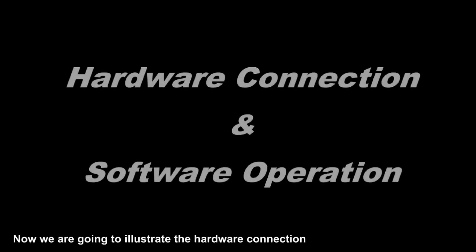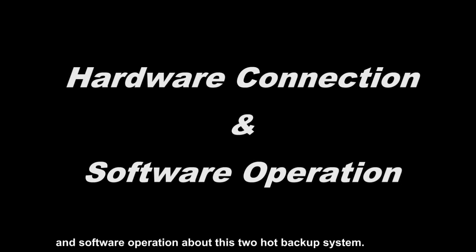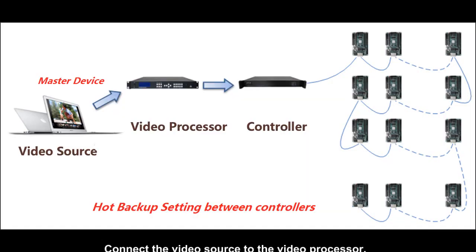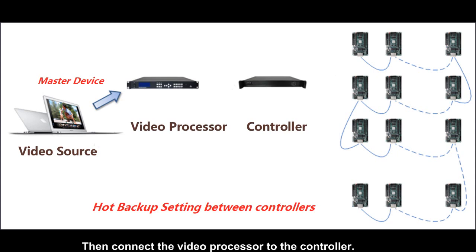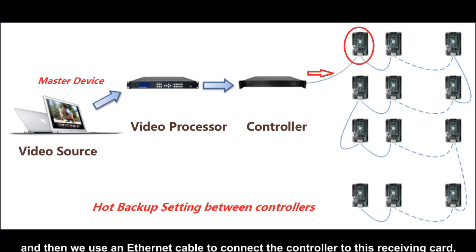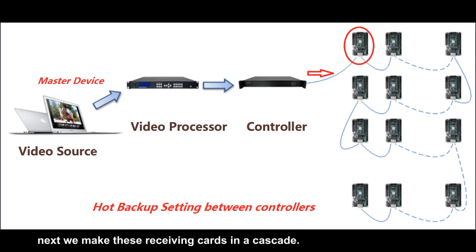Now we are going to illustrate the hardware connection and software operation for these two HAL backup systems. For HAL backup between controllers, firstly we connect the master device: connect the video source to the video processor, then connect the video processor to the controller, and then we use an Ethernet cable to connect the controller to this receiving card.